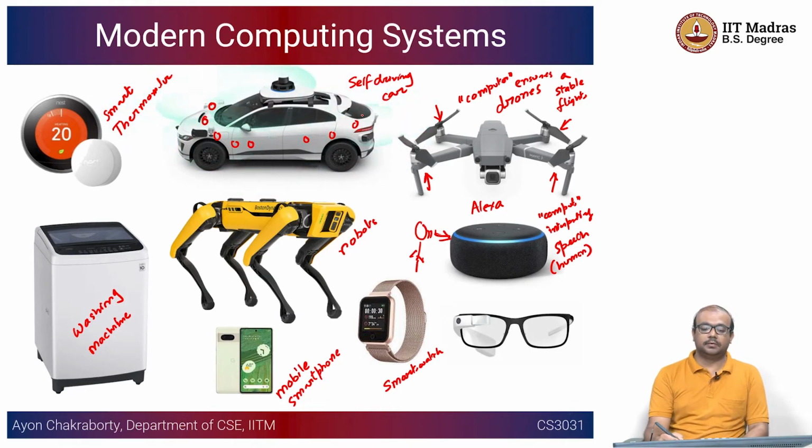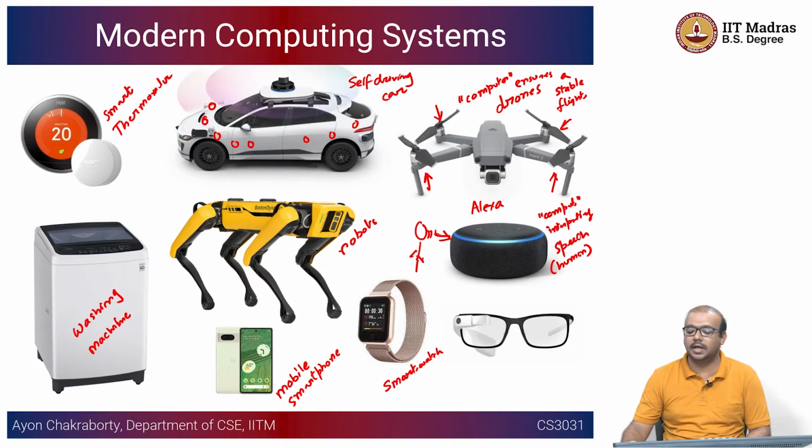Okay, so hope you have a feel of how modern computing systems look like and their spectrum of the different tasks they can do. Okay, so we should not be restricted to think of computing systems as just server class computers or desktops or laptops. It is much more than that, and this gives you a feel of what computing systems mean and what they look like.